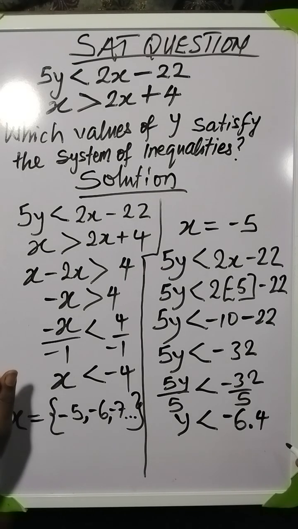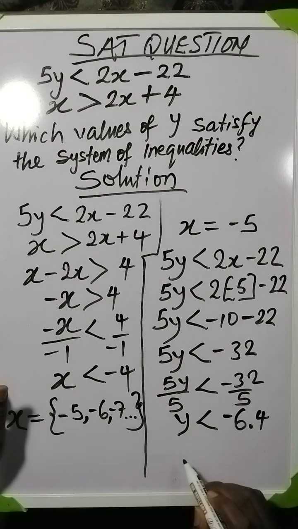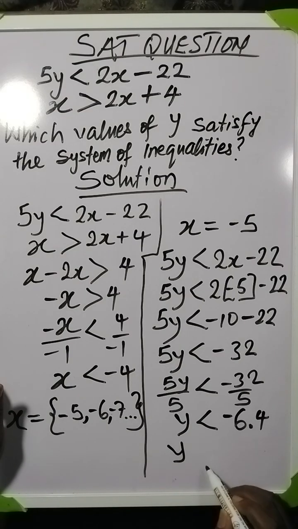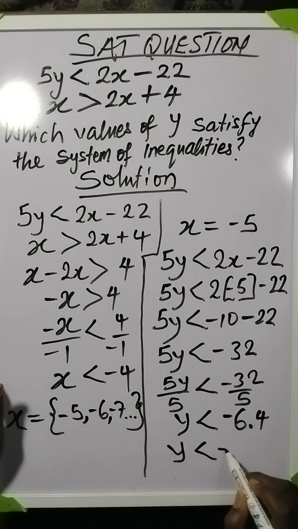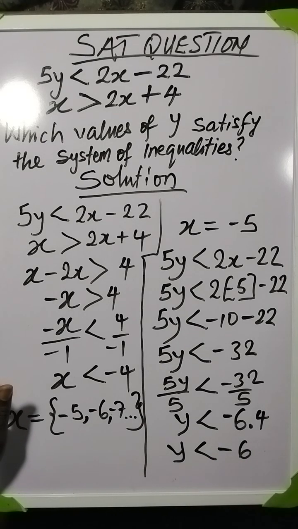Now, this is not in the options, and the answer that is in the options, which also agrees with this, is that y is less than -6. Remember, if y is less than -6.4 from the option, y is definitely less than -6, because -6 is greater than -6.4. And this is option A of that question.